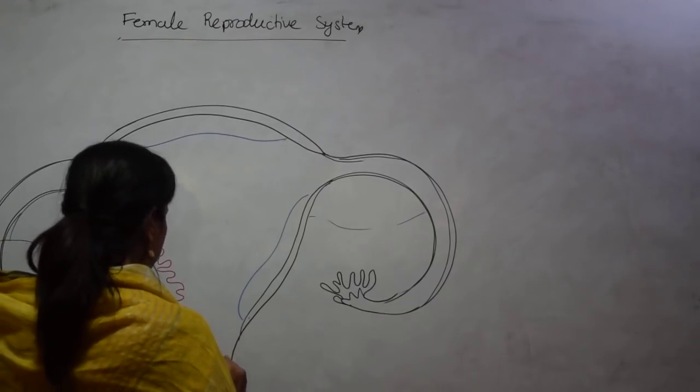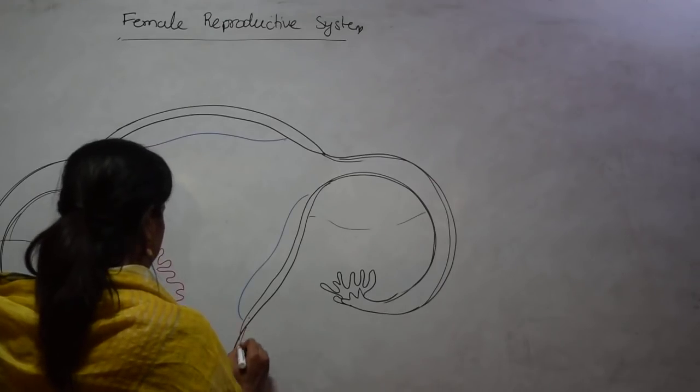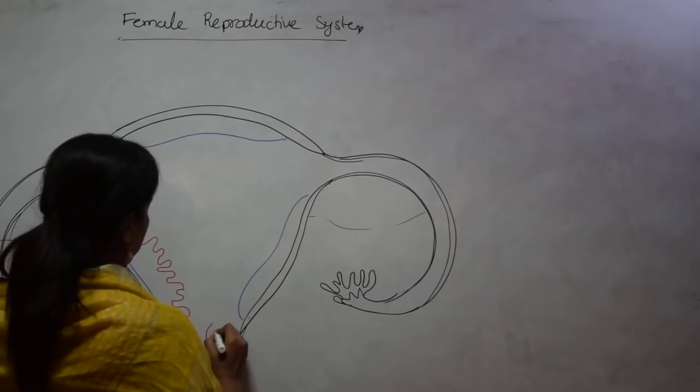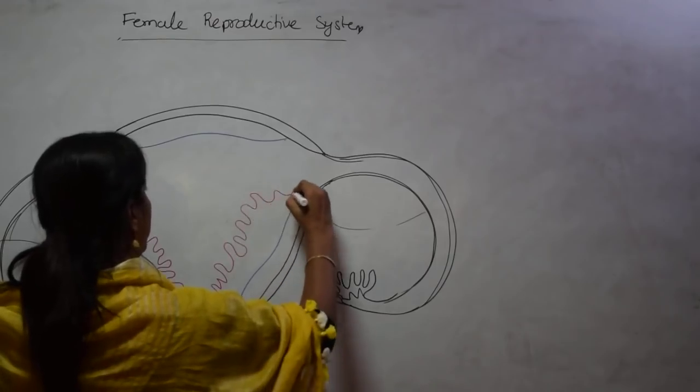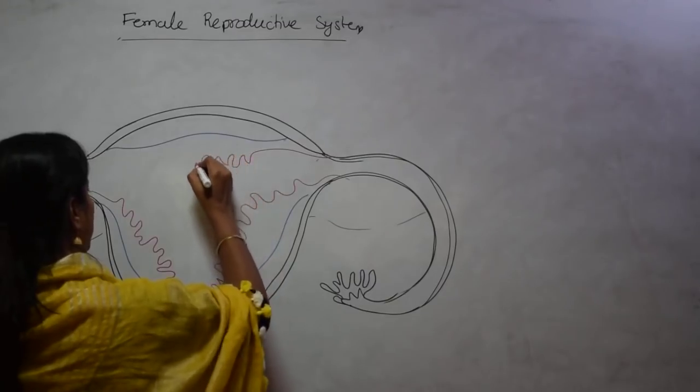And here is the cervix, the last portion of it. Whatever I am drawing here is the endometrium, highly vascularized, lined by columnar epithelial cells with cilia.